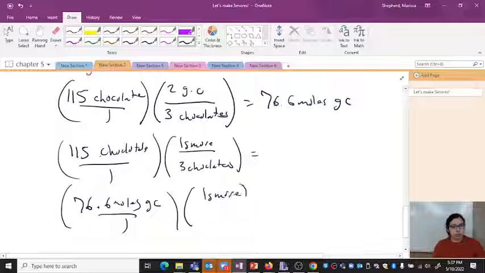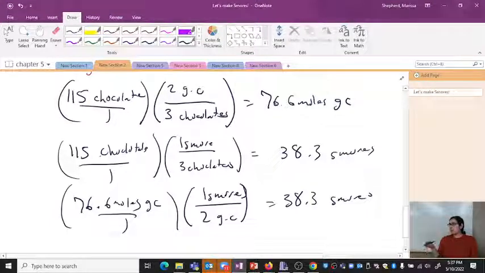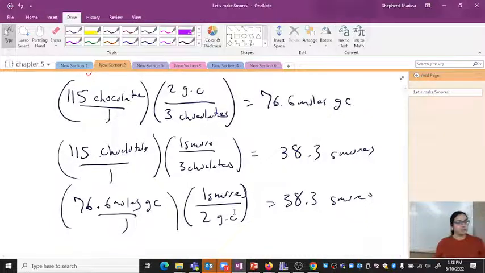So finding out s'mores, that would be a 2 graham cracker ratio. So either way, you should have gotten 38.3 or so, or 38 full s'mores. So did everyone get this? So we should feel good about this. Again, make sure you're setting up your ratios so when the funky numbers come, you won't panic.